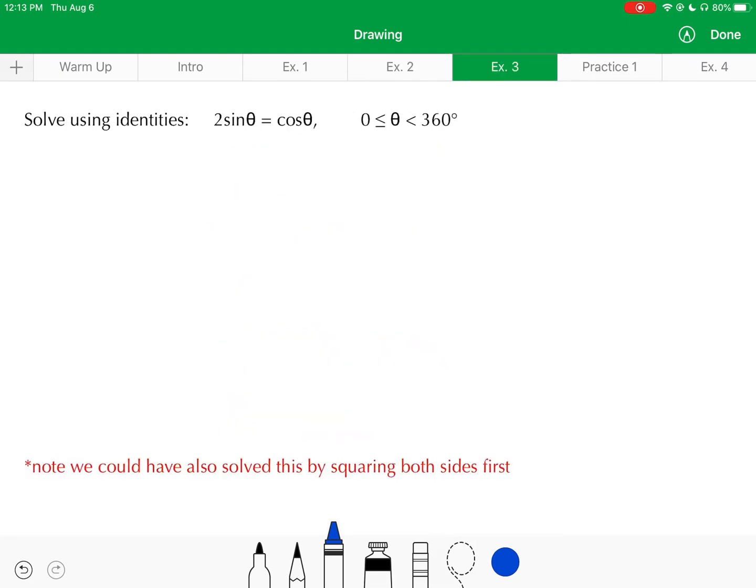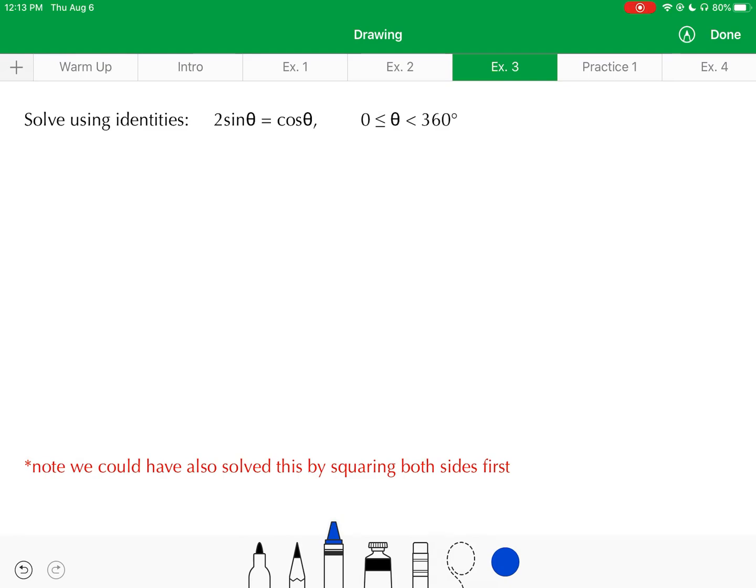All right. Another example. Solve 2 sine of theta equals cosine of theta using identities. And this time we're solving in terms of degrees from 0 to 360 degrees. So similar to the last equation, I don't like the fact that I have both the sine and cosine function within this equation, all right?